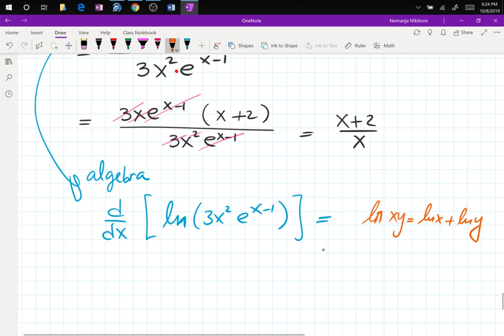Since you have two multiplications, you can split this into ln of 3 plus ln of x squared plus ln of e to the x minus 1.